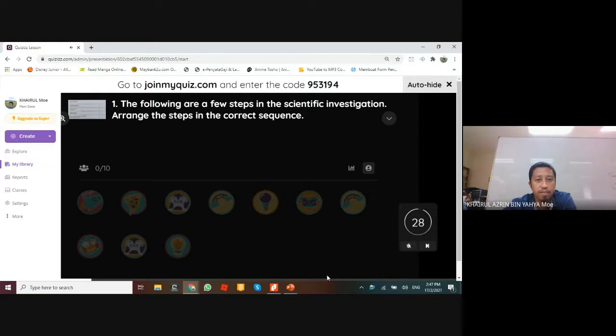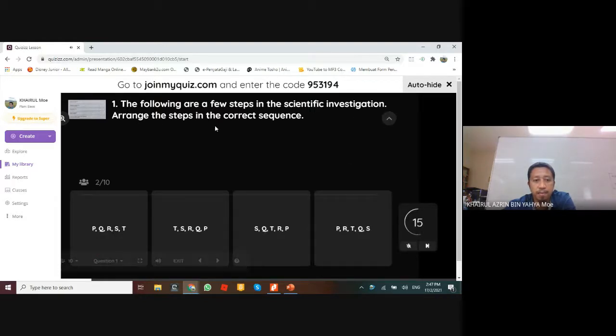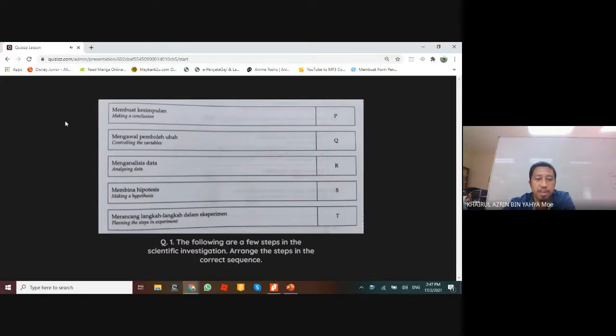Okay, so number 1, the following are a few steps in the scientific investigation. Arrange the steps in the correct sequence. You can click the picture to make it bigger. Boleh tekan gambar tu. So this is the picture.